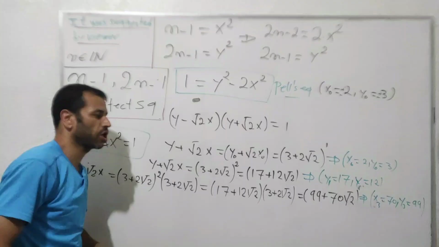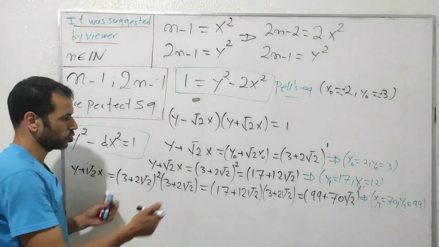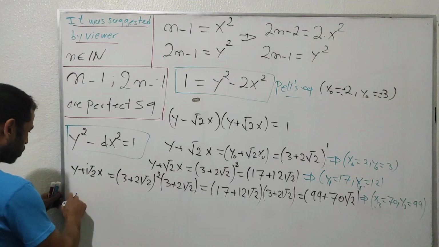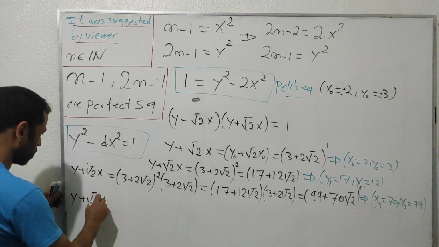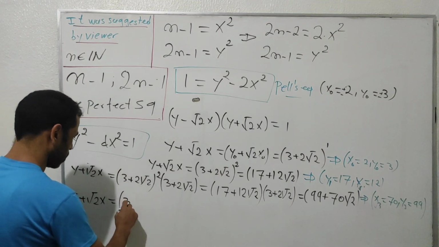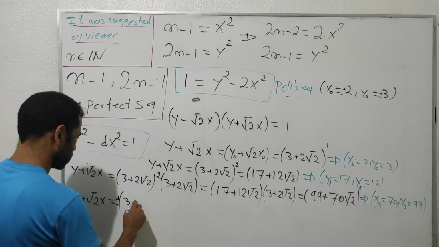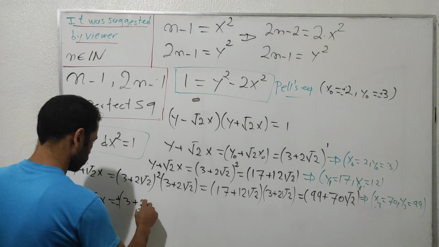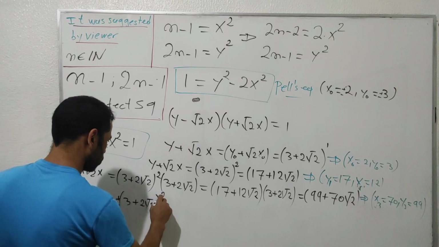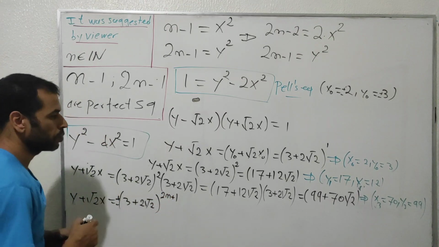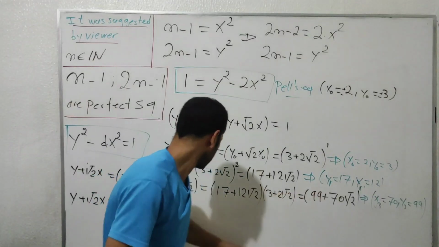So what's the general formula for the other solutions? The general formula is y plus square root of 2 x, which is this one, 3 plus or minus 2 square root of 2, to the power of 2n plus 1, because this is going to take us to this form.